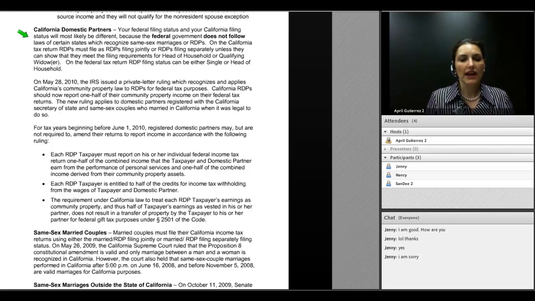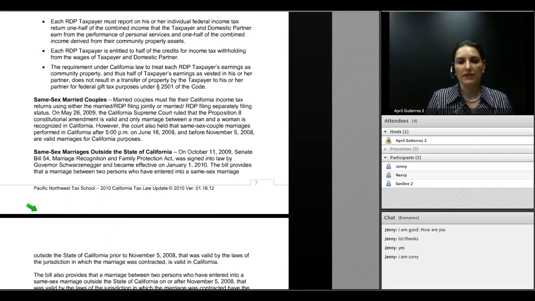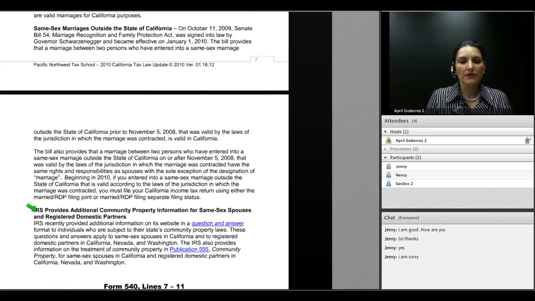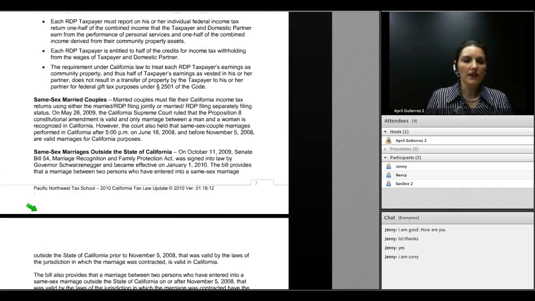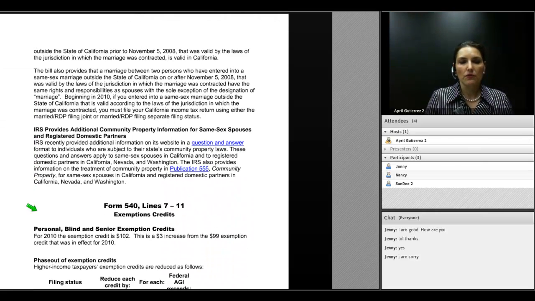But what California wants RDPs to be aware of is that same-sex marriages and registered domestic partnerships established in states outside of California are recognized by California. So you're going to have to continue to apply the RDP rules for those individuals in California if they were residents of California. And a big thing that happened in 2010 was that the IRS recognized community income for RDPs.